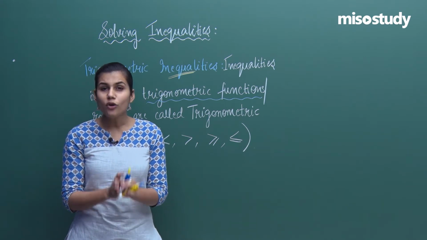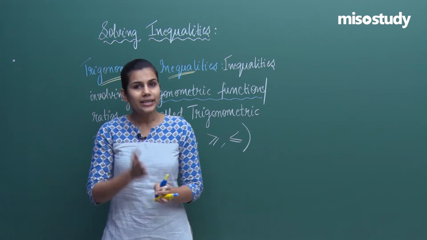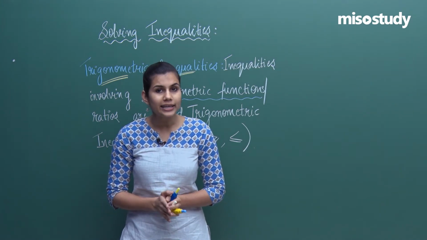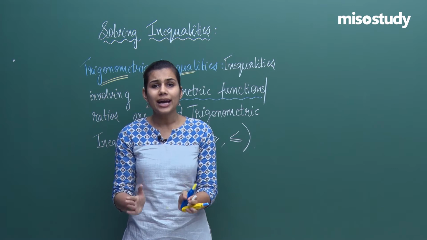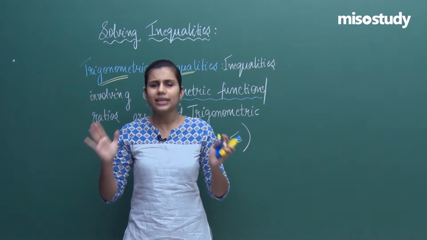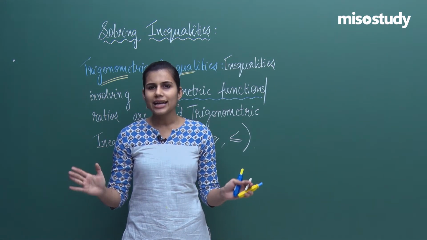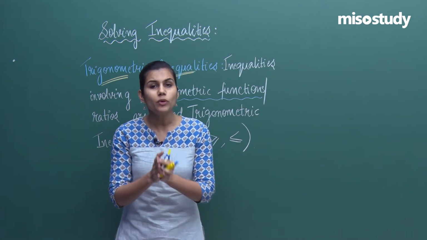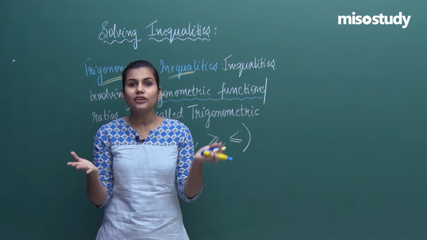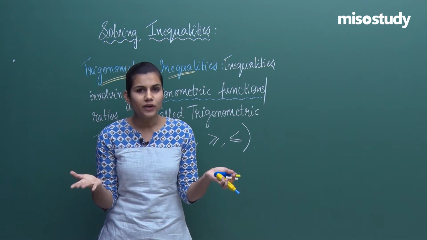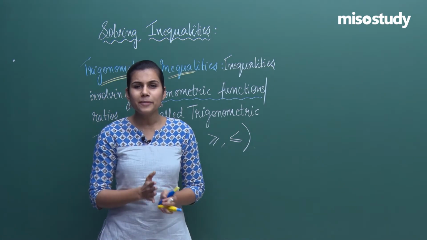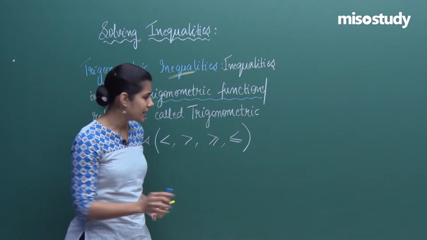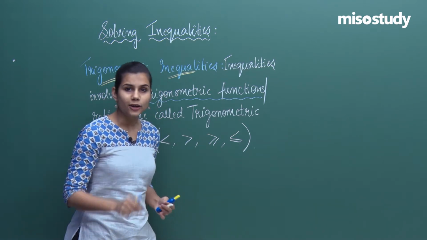Till now, what we dealt with was a left-hand side and a right-hand side being equated by an equal to sign, with trigonometric functions on the left and right, and we declared such statements as trigonometric equations. Whereas over here, you will again have a left-hand side and a right-hand side with trigonometric functions involved, but in between you will have not an equality this time, but some inequality.